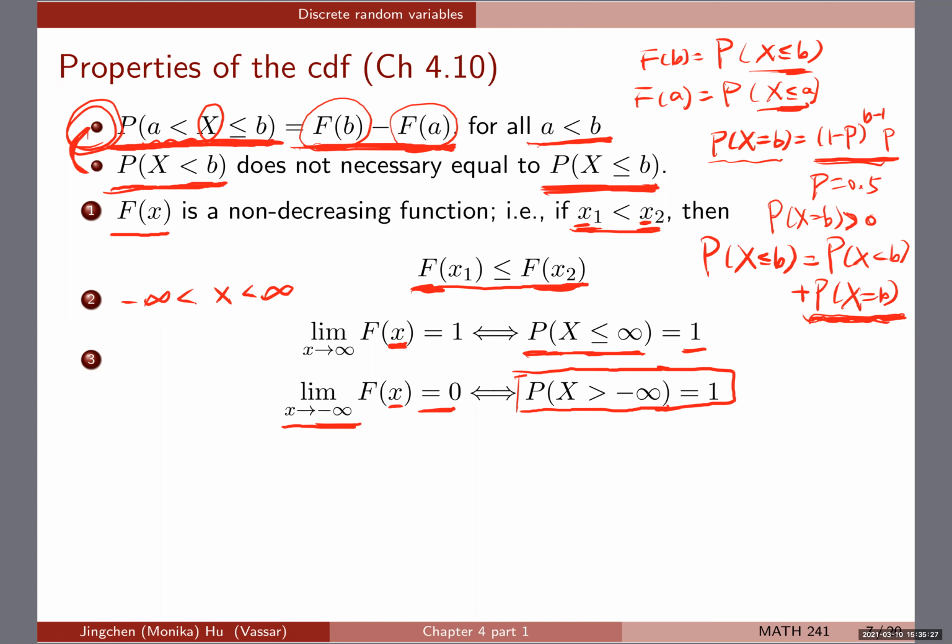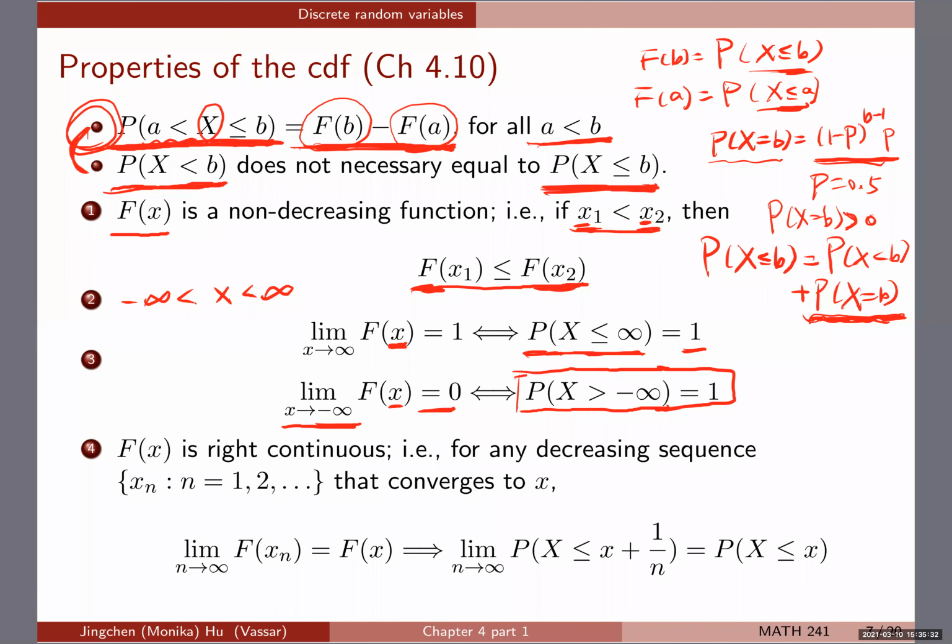So I just want you to keep that in mind. And the last property here is that Fx is right continuous. This again brings back our experience and knowledge from calculus. Fx, remember, is the CDF function.